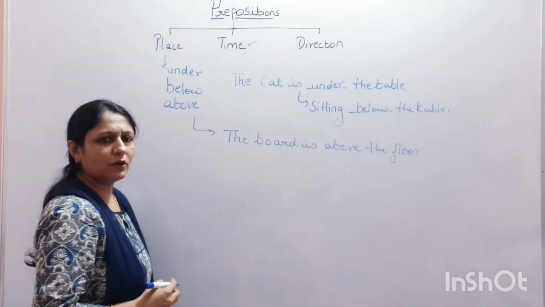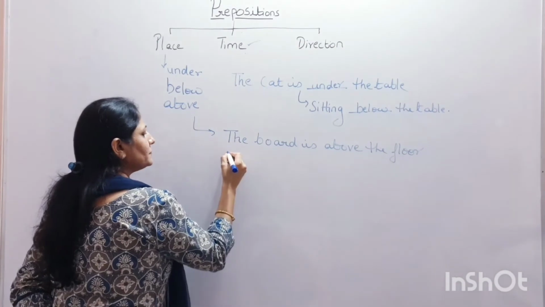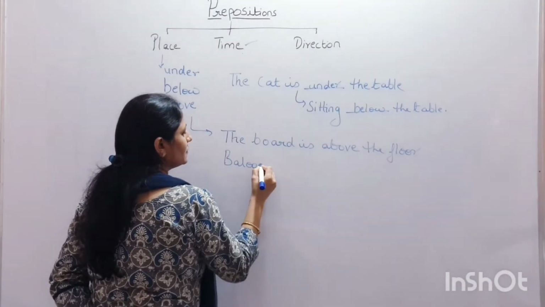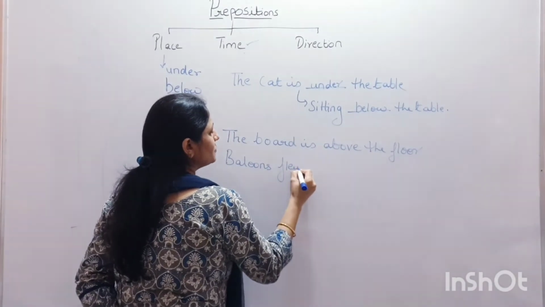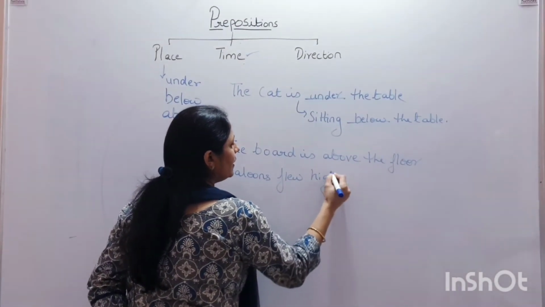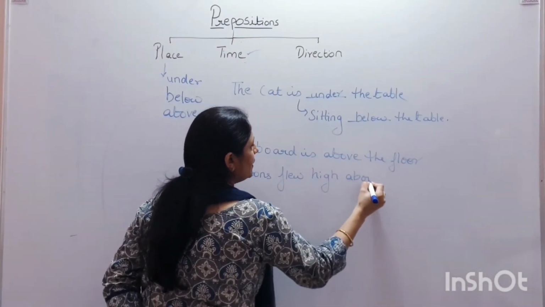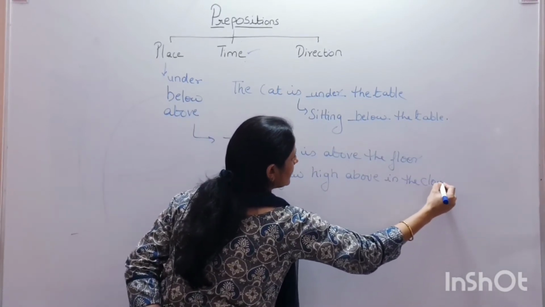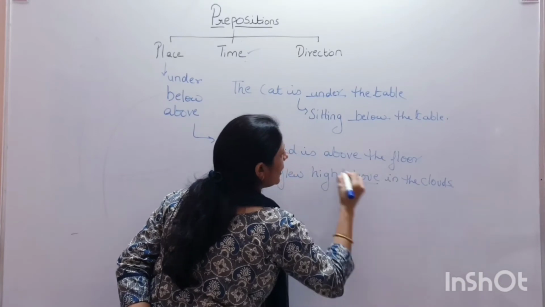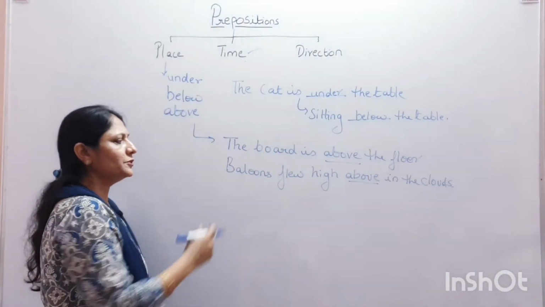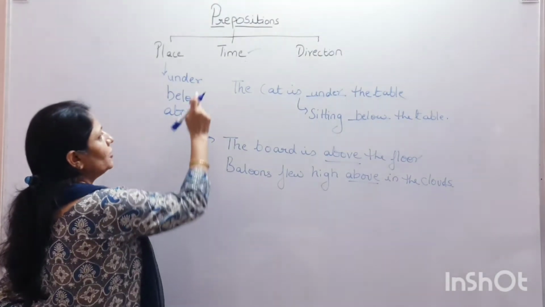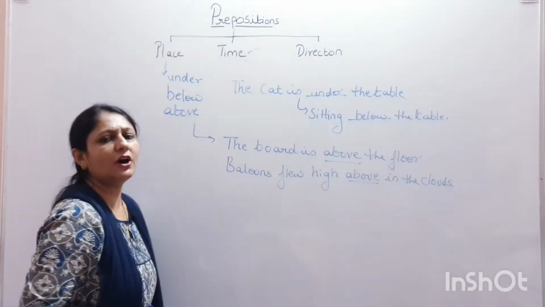Or I can also say balloons flew high above in the clouds. Here I have told you about the position of these two things. So these were also the prepositions of place.